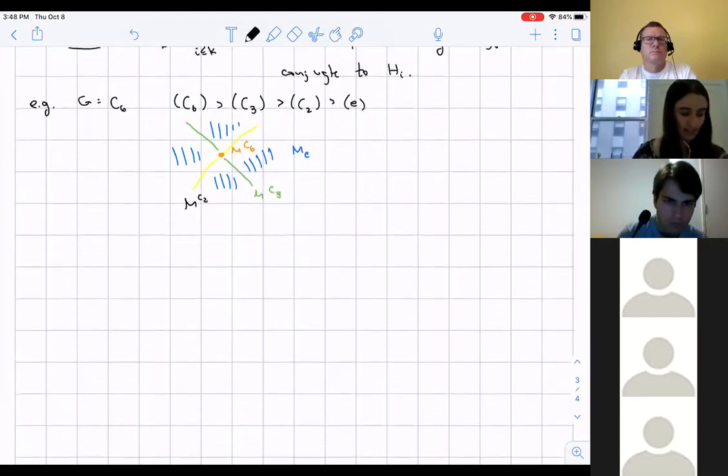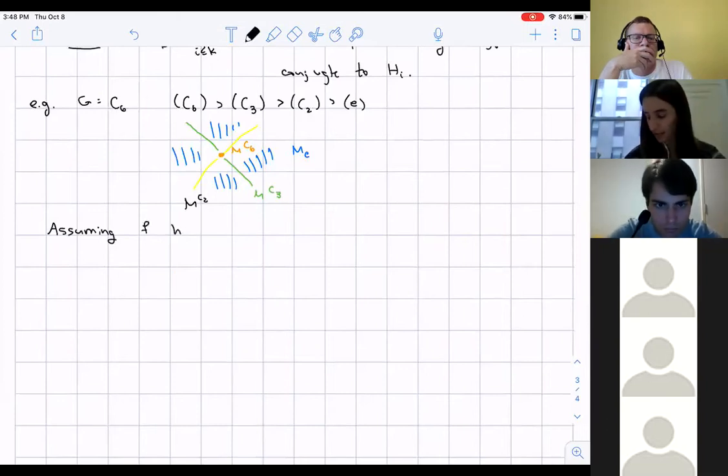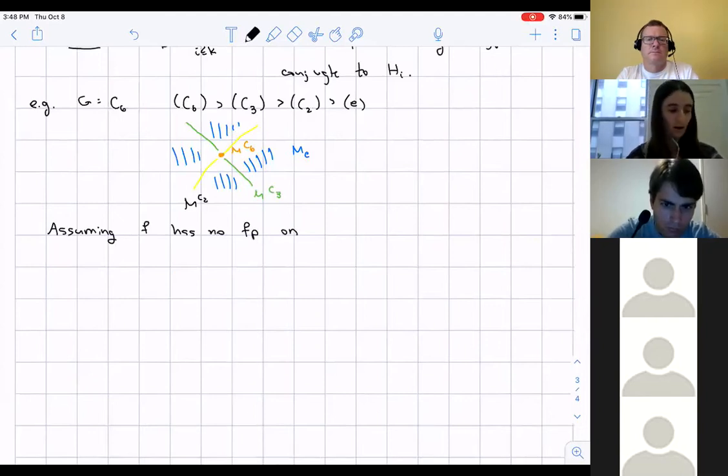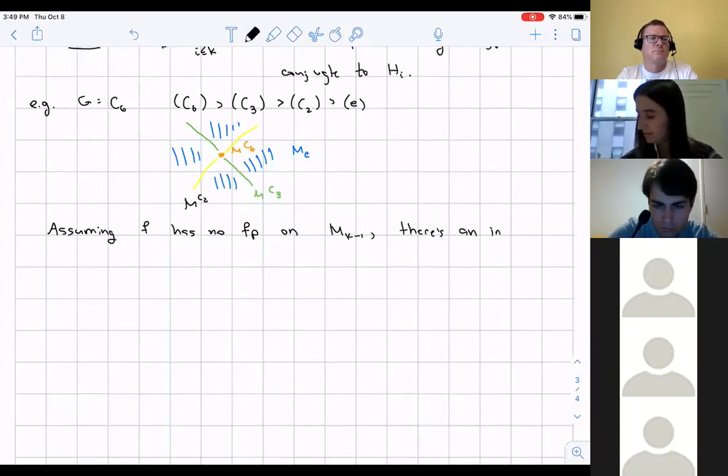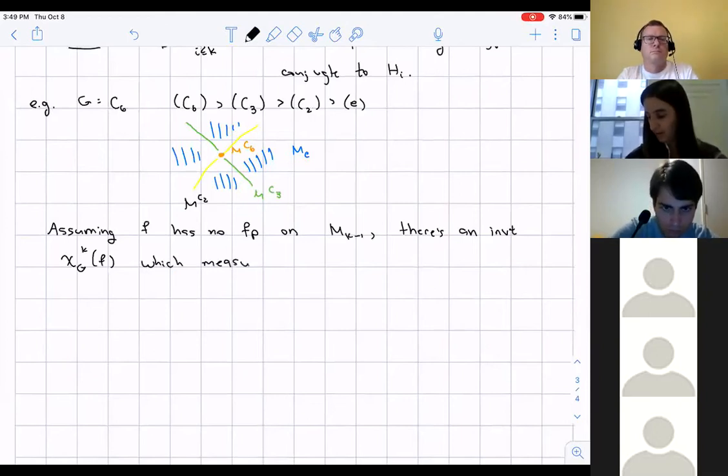There's also a local version of that chi-G invariant. So if you're assuming F has no fixed points on M_{k-1}, then there's an invariant chi-G_k of F, which measures whether you can extend that.